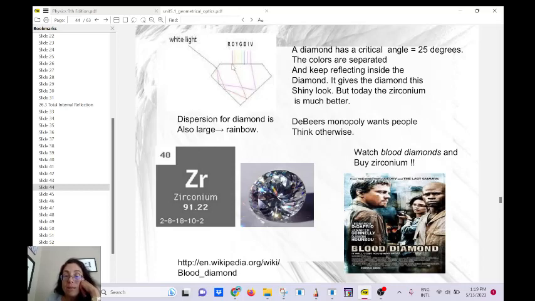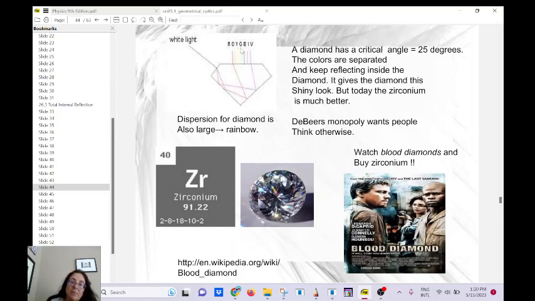Blue light has a smaller wavelength and larger frequency, so it's going to be refracted more than red light, because the speed for blue will be smaller than for red inside the medium. That makes the beautiful color of a diamond, and each diamond has a specific rainbow color.